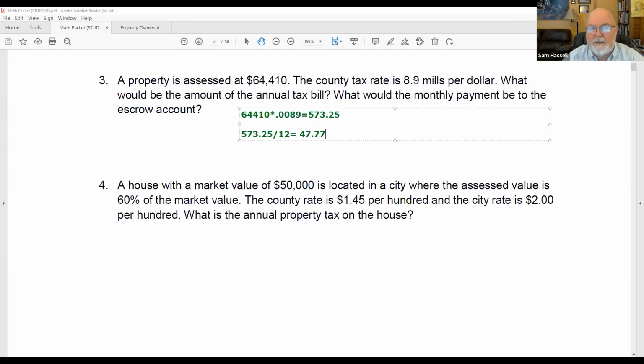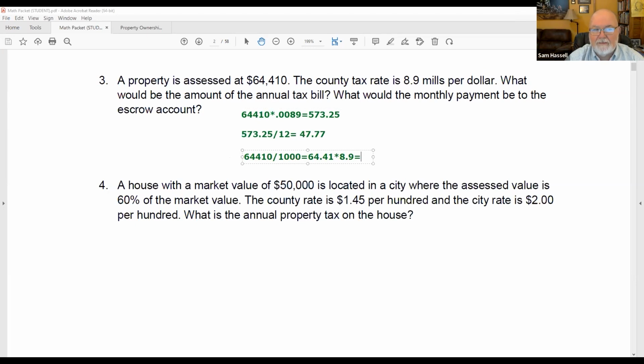I had to divide this number by 1,000, or I could have divided this one by 1,000, and I would have done just as right. Or I could have done 64,410 divided by 1,000, which would be 64.41, times my tax rate, which would have been 8.9.